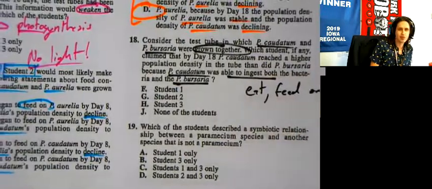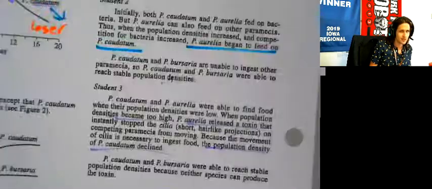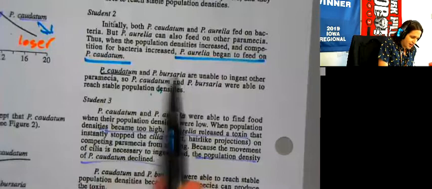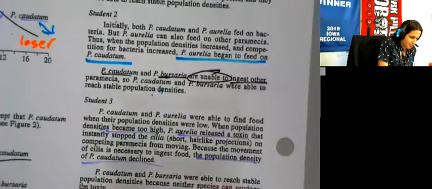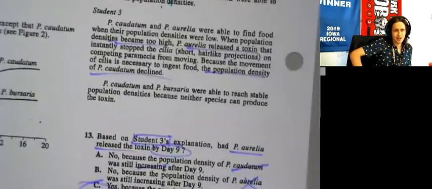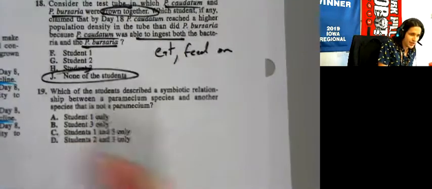So cow datum and bursaria. So who talked about cow datum and bursaria eating on each other here? This says cow datum and bursaria are unable to ingest other paramecia. So it's not 2. And nobody else talks about eating one another. Who is this? None of them.